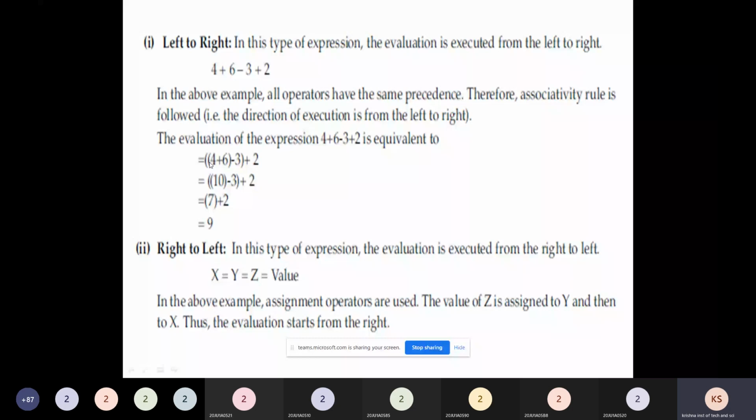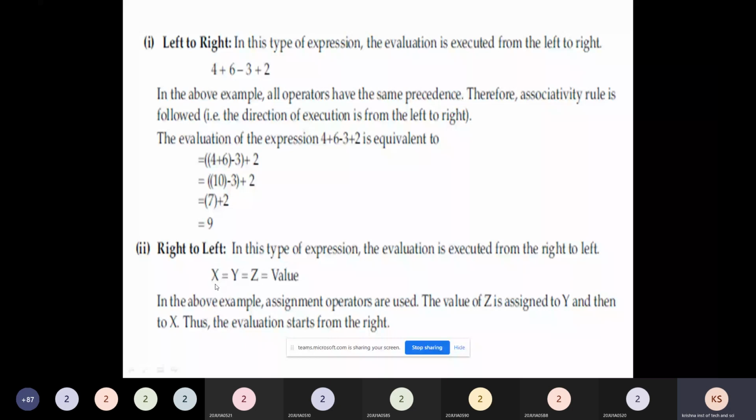Now see right to left. How do we perform a right to left operation? Here we take a simple assignment: x equal to y equal to z equal to value. You can give any value here.